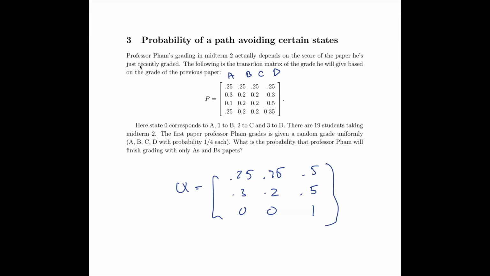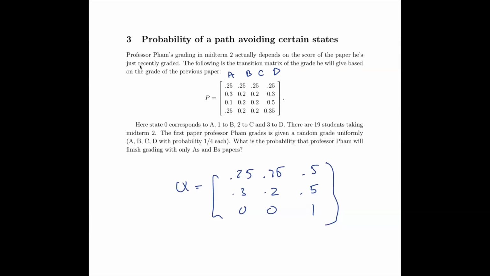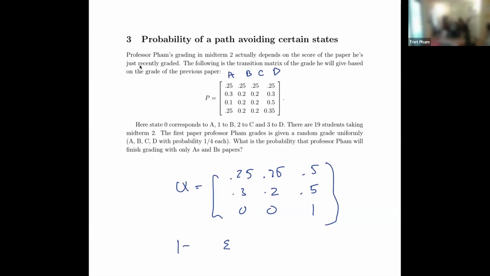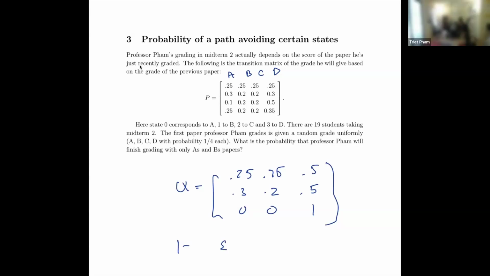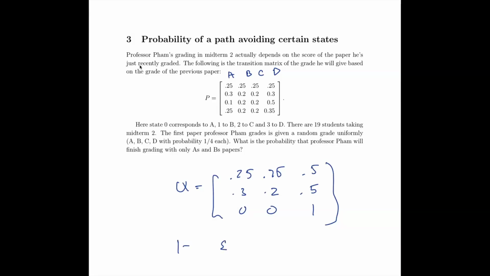I got 1 minus the sum from i equals 0 to 3, which sums from A to D, of pi sub i. I guess it's 0 to 1, right? You said 0 to 3? Yeah, I was trying to find any way of hitting C or D, by using the Q matrix.